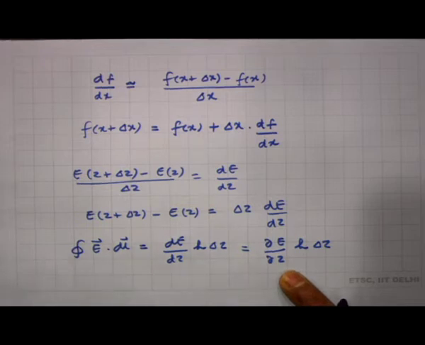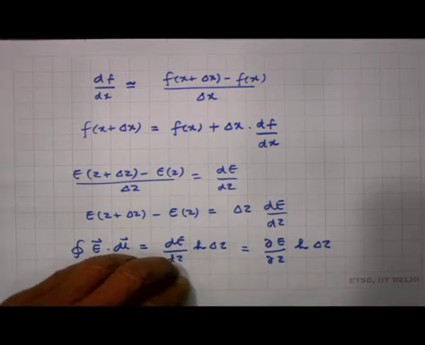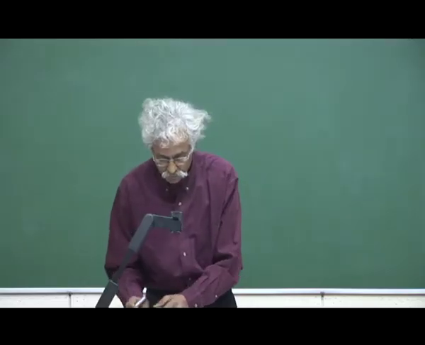The electric field depends on position z and time t, and here all I am saying is that I am taking a derivative of the function with respect to z, keeping time constant. So, I am writing this as del E by del z. It is called a partial derivative. It is a derivative of the function with respect to one coordinate, keeping the other coordinate constant. So, what I have got is integral E dot dl is del E by del z into h delta z.